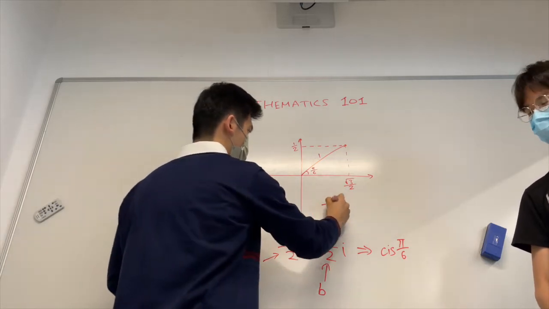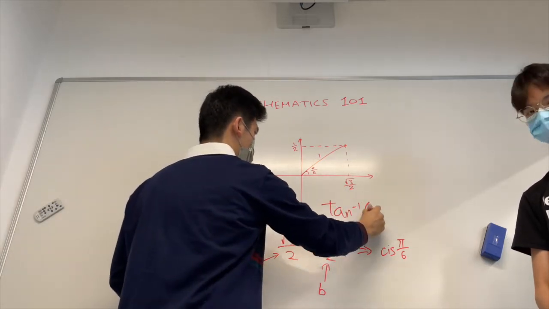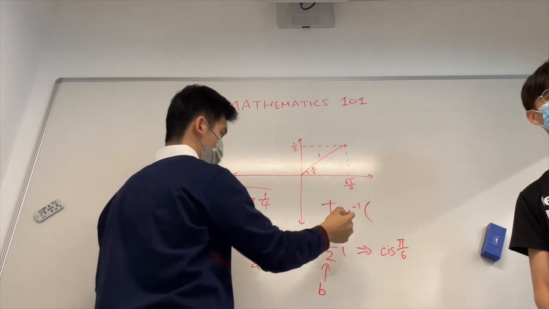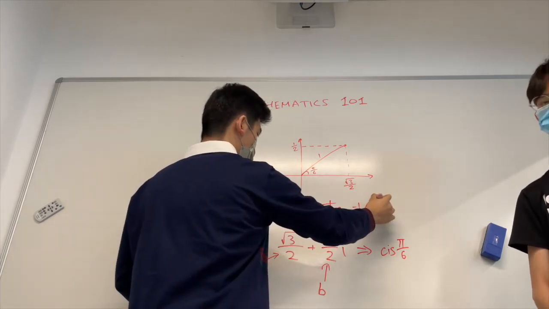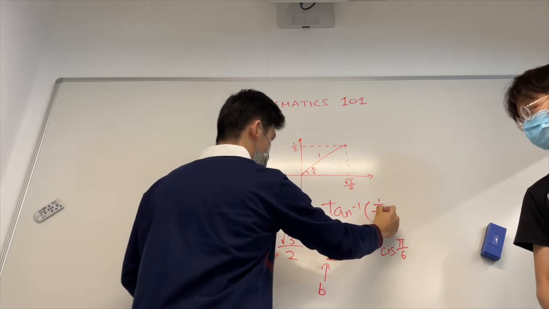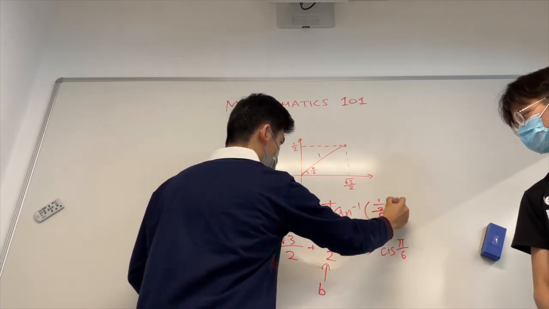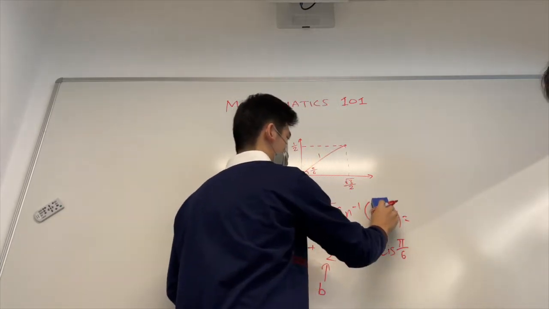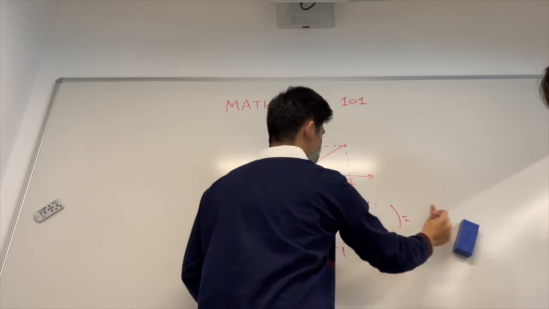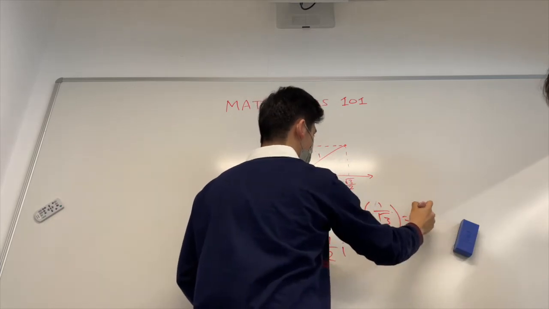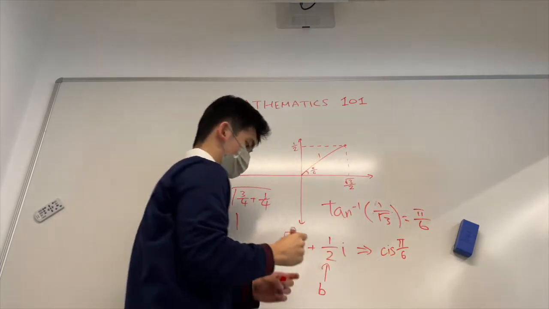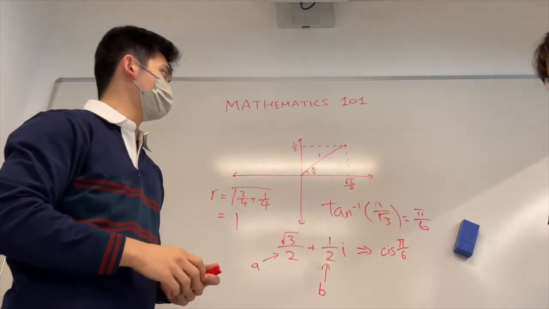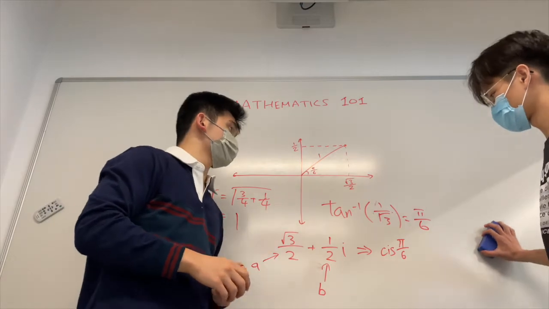And let's look at tangent inverse of b over a. So it would be 1 over 2 over root 3 over 2, which is the same as 1 over root 3, which is pi over 6, or 30 degrees. So there you go. Using these equations, we can figure out the Argand diagram and its modulus and argument.